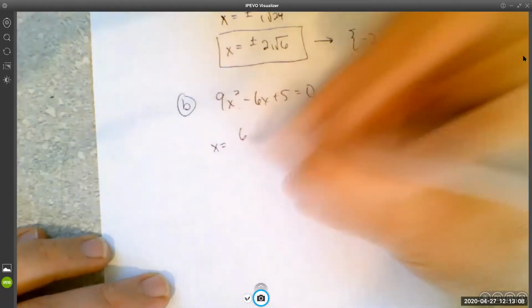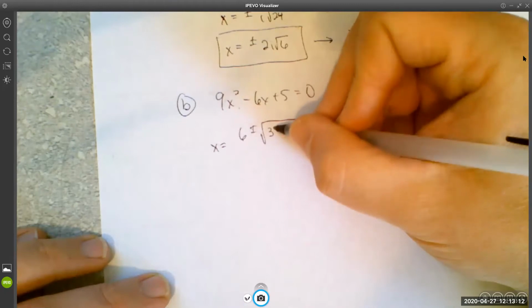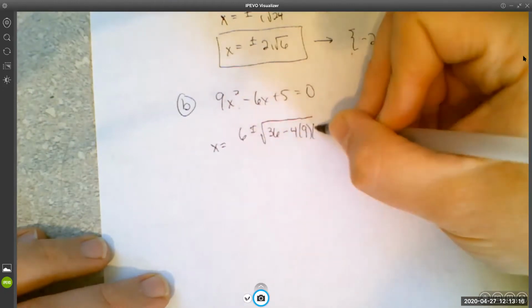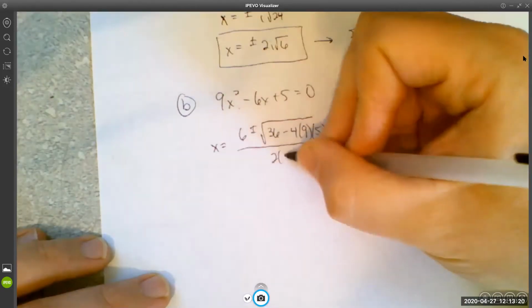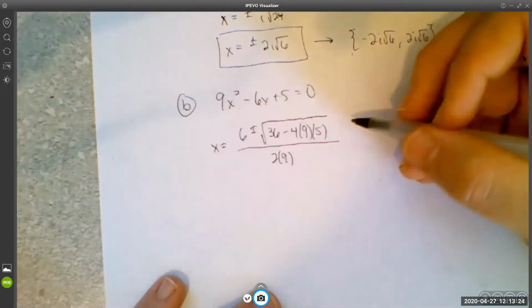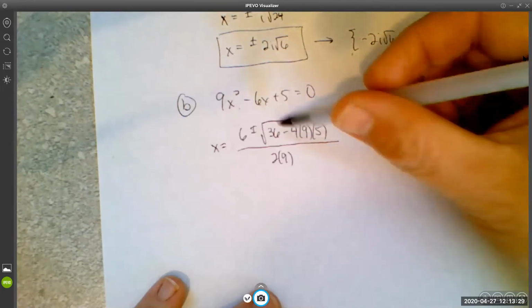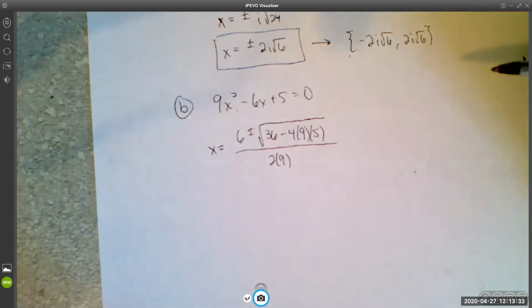x is negative b plus or minus square root of b squared minus 4 times a times c, over 2a. Well, 4 times 9 is 36, so 5 times that is going to be much bigger than 36. So you can tell you're going to get a negative number in here, which makes this a non-real solution.